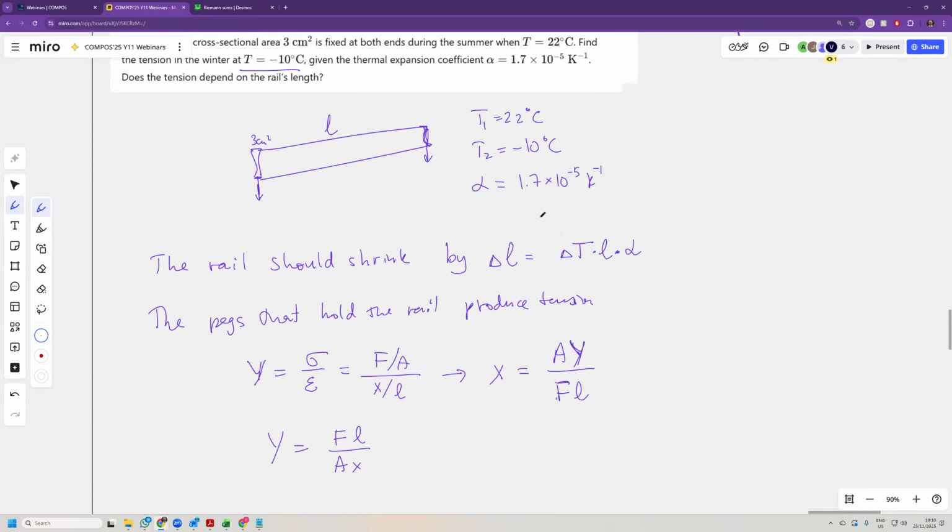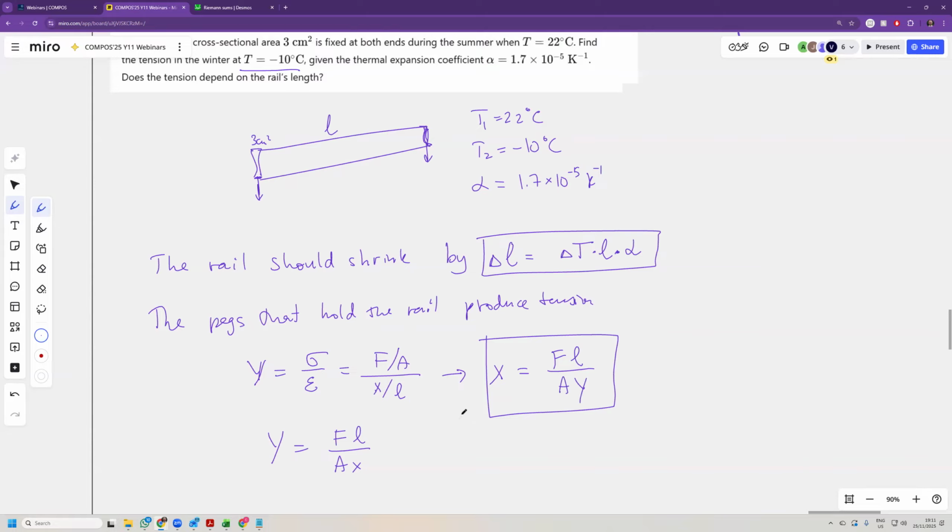This is the extension. The rail should shrink by delta L, and you need a force F to extend it by X. Ooh, that doesn't make any sense. Sorry. No, X is FL over AY, of course. It's the other way around. FL over AY. Okay, sorry.